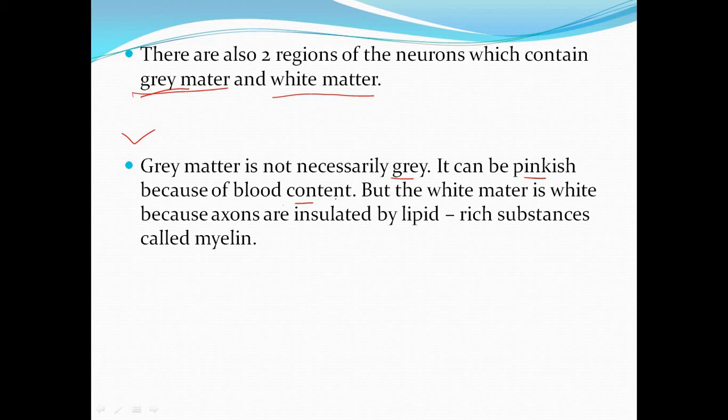Blood is present there. That's why it is called gray matter. But the white matter is white because axons are insulated by lipid-rich substances called myelins. So it is the axon. I'm only drawing the structure of axon.